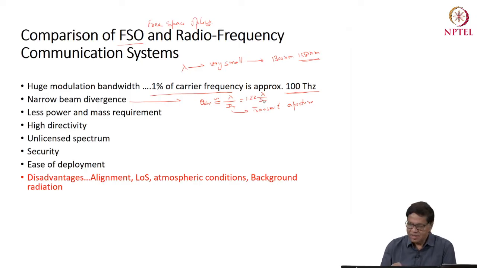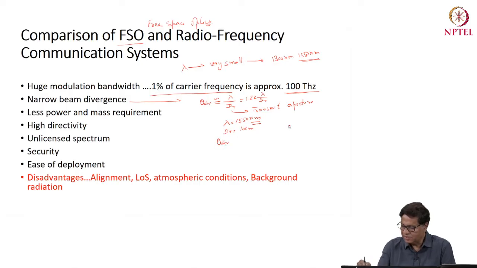So if I try to calculate, for example, for lambda equal to 1550 nanometer, which is a typical wavelength used in optical fiber communication systems, and if I have this dt of the order of, say, 10 centimeter, then I get theta divergence.